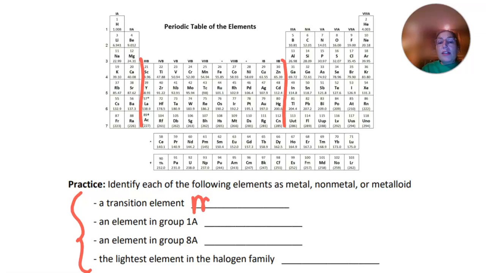They are called transition metals for a reason. These are metals. An element in group 1A. 1A was right here. It was an alkali metal. If it's in 1A, it's an alkali metal. Elements in group 8A, that was over here. That was those noble gases. Those are nonmetals.